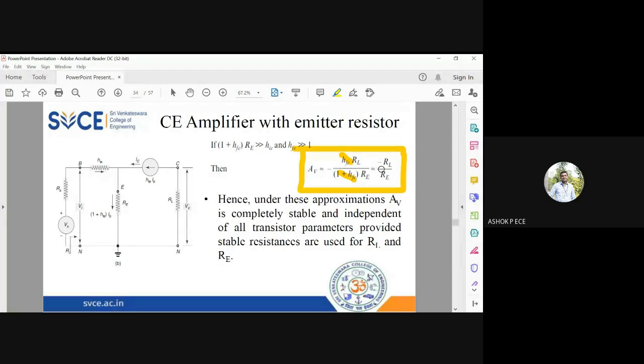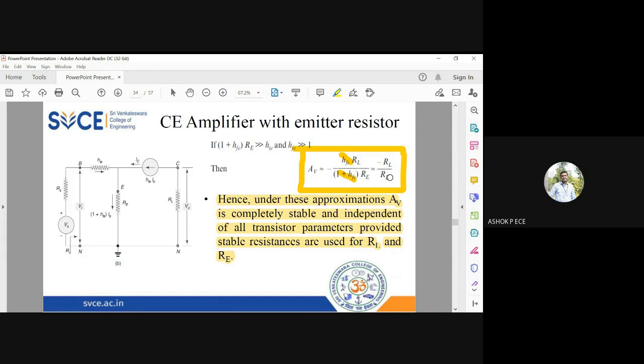See how this RE is impacting your voltage gain. Under normal considerations, the voltage gain is stable and independent of all transistor parameters except for RL and RE. The voltage gain depends on RL and RE, and understand that both resistances are added externally. So the externally added resistances are going to impact the performance of your circuit.